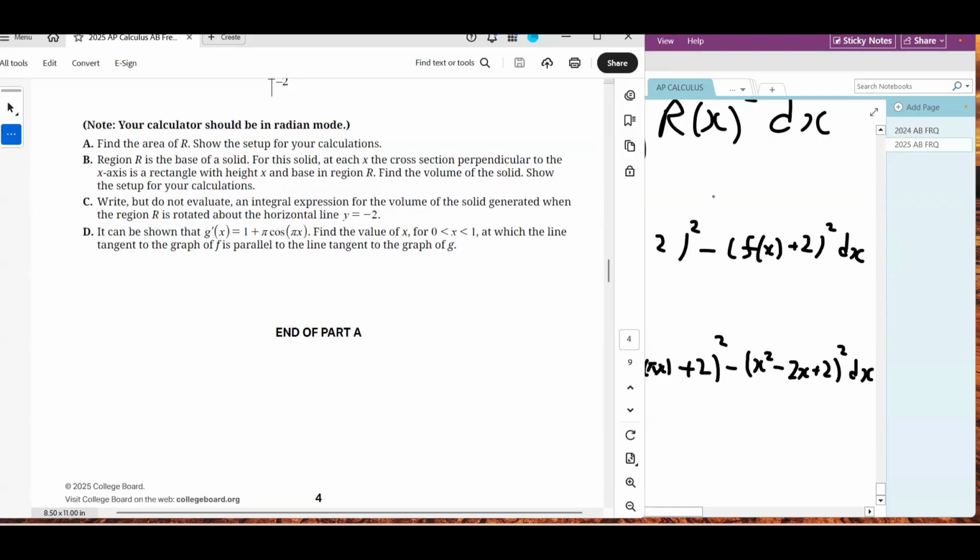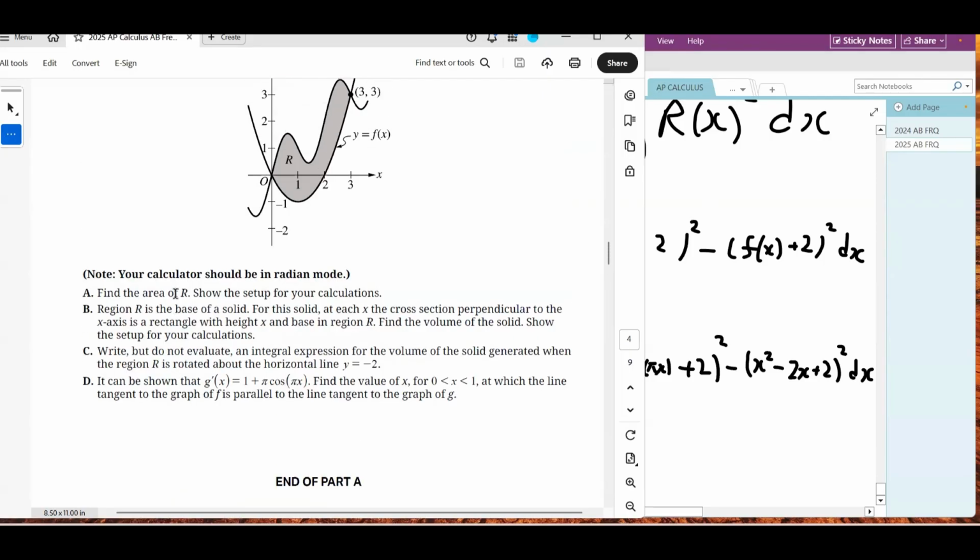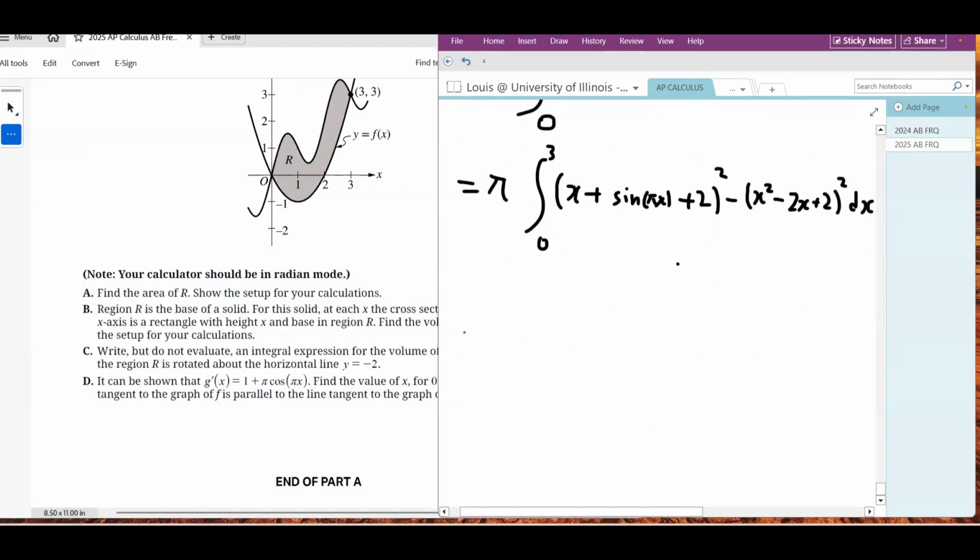So if you look at this graph here from 0 to 1, when I say parallel, it means that the slopes of the two graphs have to be equal to each other. So in other words, g prime of x has to equal f prime of x, because we want to indicate that the two slopes are parallel.